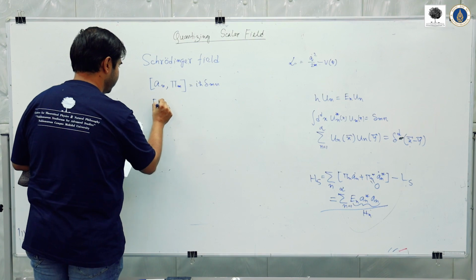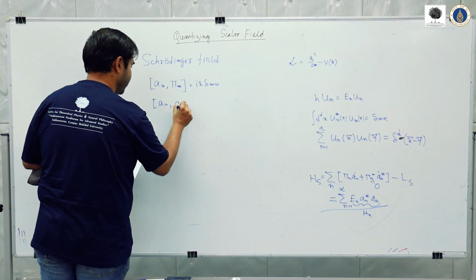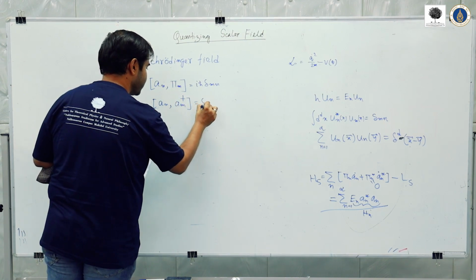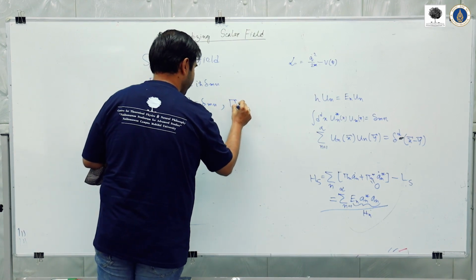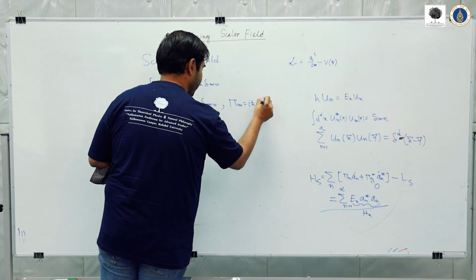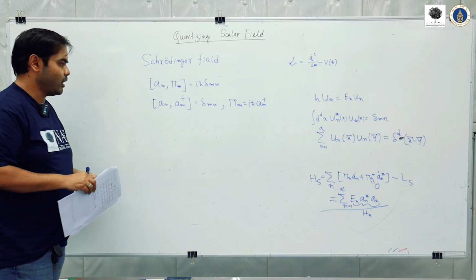So we have an, am, but instead of star I am going to write dagger is equal to delta mn, where I have considered this pi m is equal to i h bar am dagger. So I have replaced the star complex conjugate with dagger Hermitian conjugate.